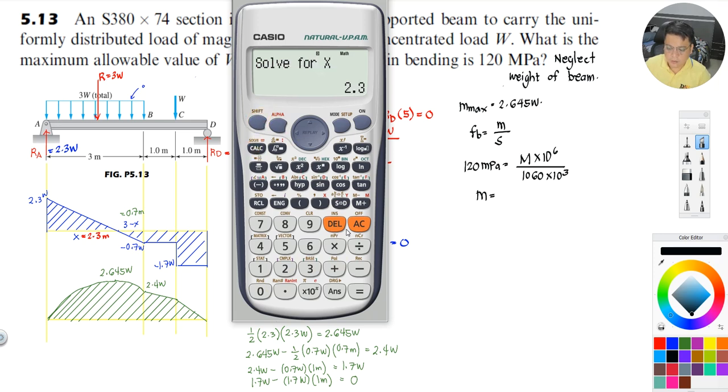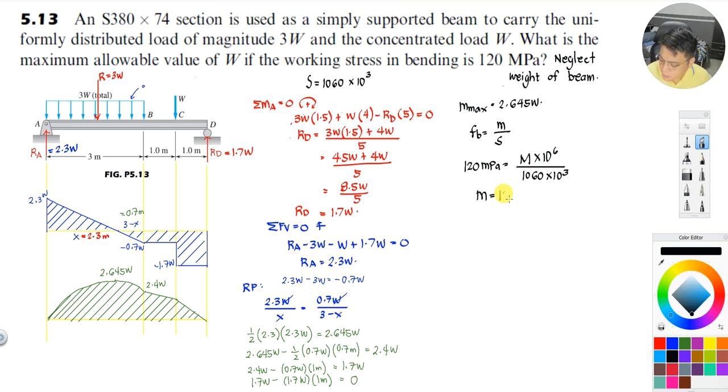So you can have 127.2, and this is in kilonewton meter already. I will equate M to your M maximum. So 127.2 is equal to 2.645 of W.